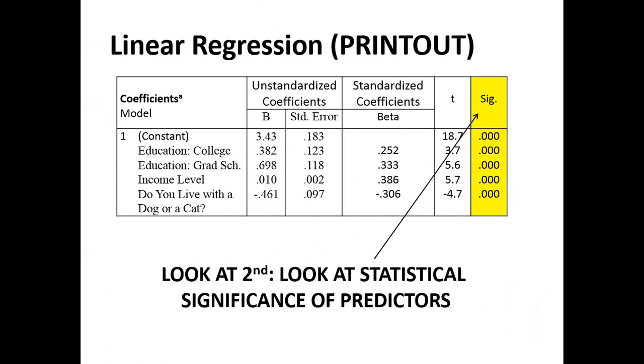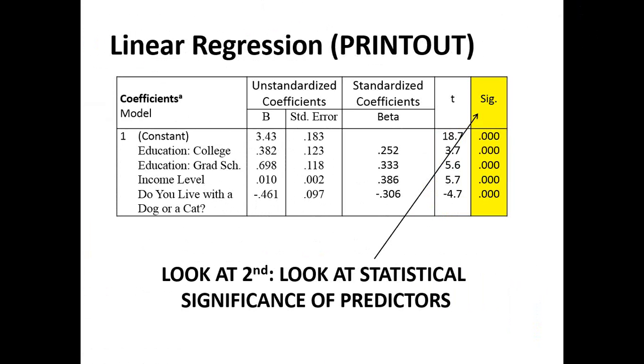What it's saying is that in reference to people with a high school level education, those with a college level education have a significantly higher level of happiness. So it's interpreted differently than the non-dummy coded items. The same thing with graduate school: those that attended graduate school have a significantly different level of happiness in reference to those with a high school level education.